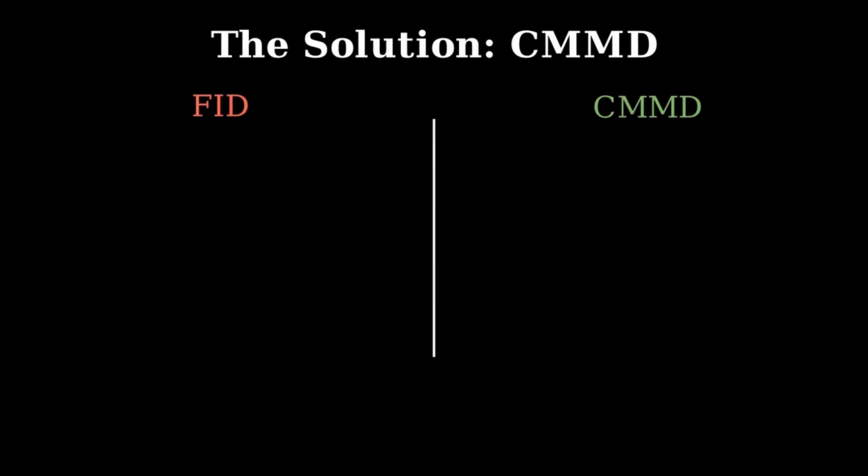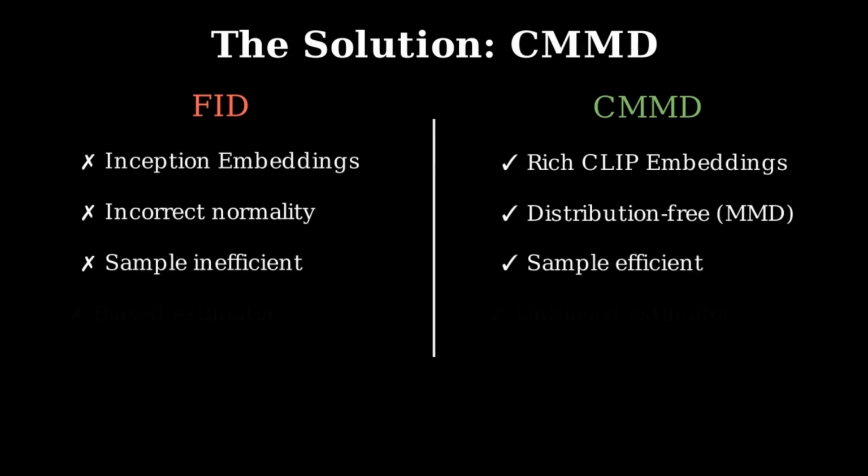If FID is fundamentally broken, what should we use instead? The answer is CMMD, the CLIP Maximum Mean Discrepancy metric. CMMD directly addresses every single flaw inherent in FID. While FID uses outdated ImageNet features, CMMD leverages CLIP embeddings, which are explicitly trained to understand the rich compositional relationship between text and images.